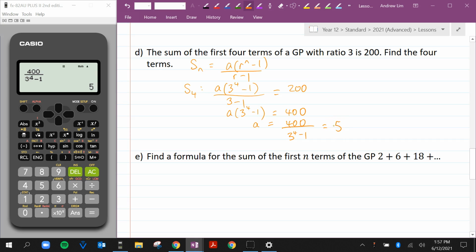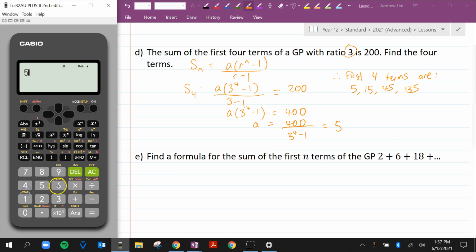So the first term is 5, so therefore the first 4 terms: 5, because it has a ratio of 3, 5 times 3 is 15, 45, and 45 times 3 should be 135.